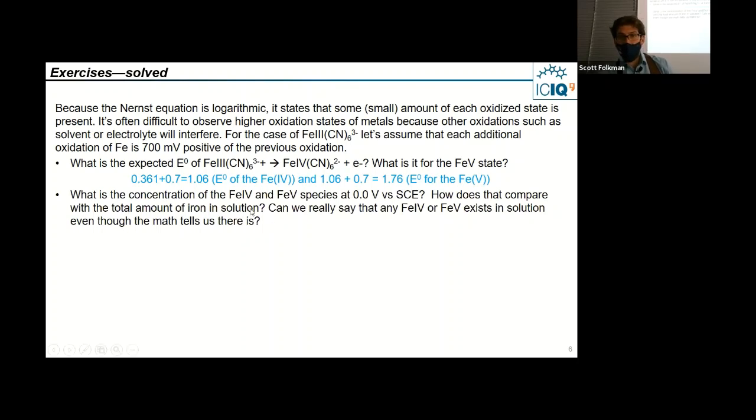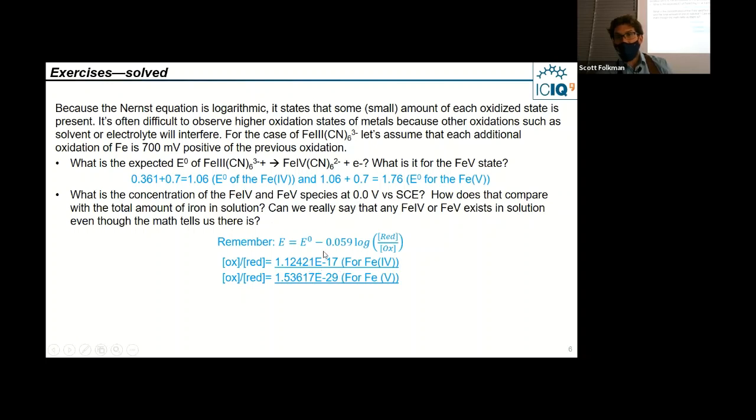But then I wanted to know what would the concentration of these be at 0 volts versus SCE. And if we take the same relationship for these new E0s that I've posited, we find that the Q values are somewhere in 10 to the minus 17th or 10 to the minus 29th.